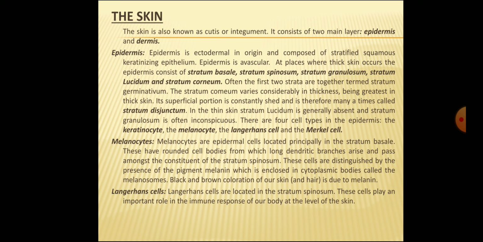Among them, keratinocytes are the most abundant cells in the epidermis. Their name denotes they undergo the process of keratinization. In the stratum basale, the keratinocyte is characterized by a large nucleus, small Golgi apparatus, many cisternae of rough endoplasmic reticulum, free ribosomes, and tonofilaments.